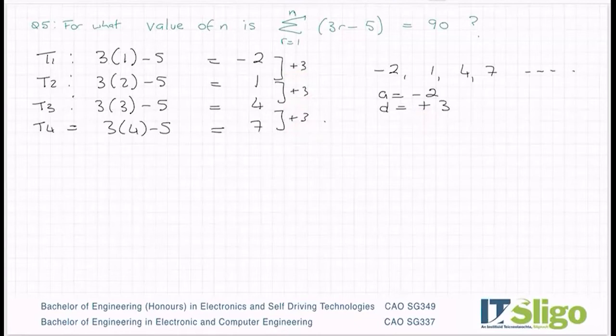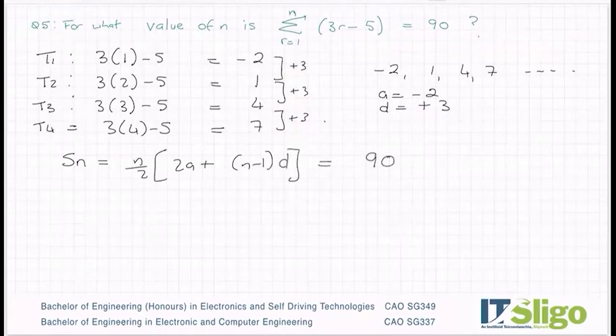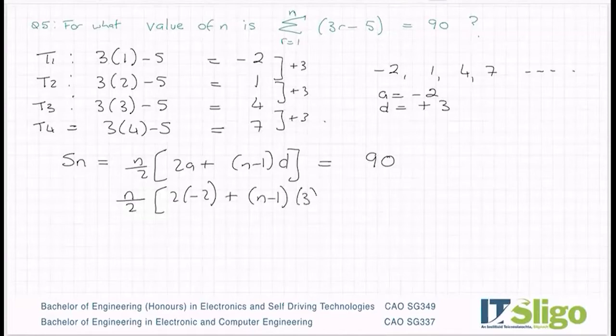So I want to know how many terms do I have to sum up to give me 90. So let's sub in what we have. We're solving for n. It's n over 2 times, 2a, so 2 times minus 2, plus n minus 1 times d, which is 3.